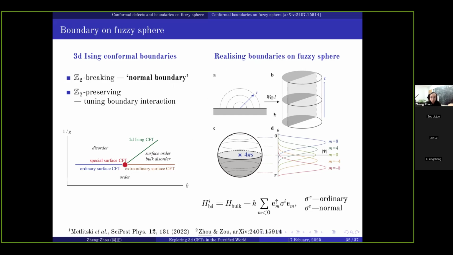So on the fuzzy sphere, these boundary CFTs can be realized by polarizing half of the sphere and keeping the degrees of freedom on, for example, the north half and polarizing the south half. If we polarize it towards the X direction, then it corresponds to the ordinary, and if we polarize it towards the Z direction, then it corresponds to the normal conformal boundary.